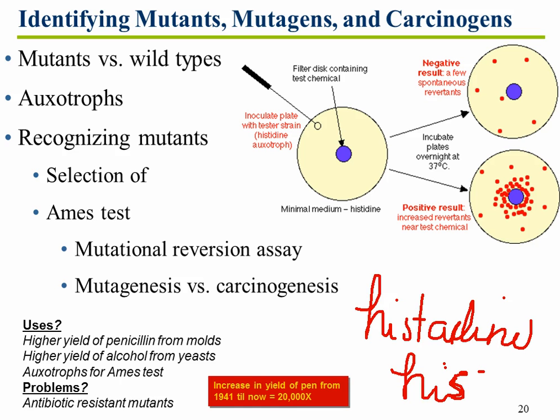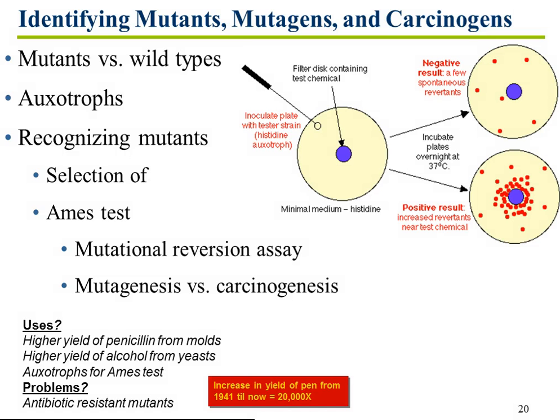You can have mutants that make antibiotics. Okay, so we are going to use for this test an auxotroph that is lacking the ability to make histidine. If it's not provided histidine in the media, it can't grow. If histidine is put in the media, it will grow.